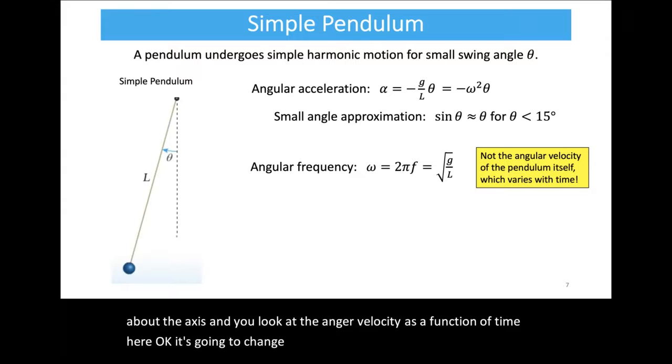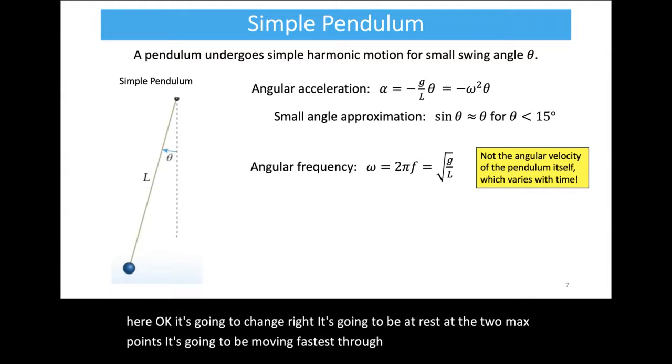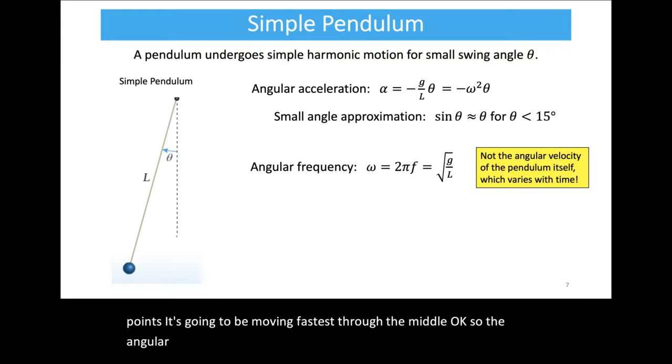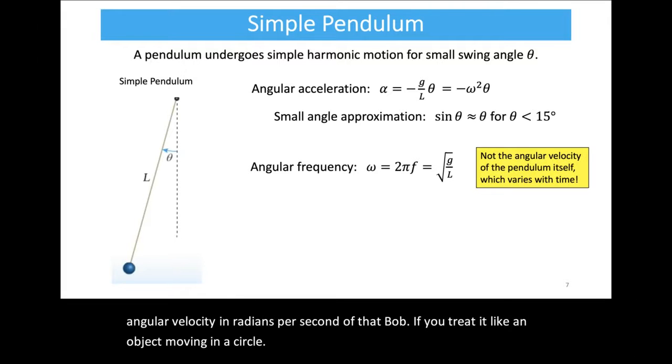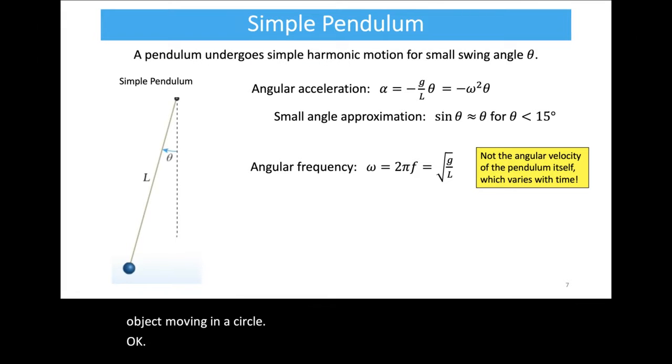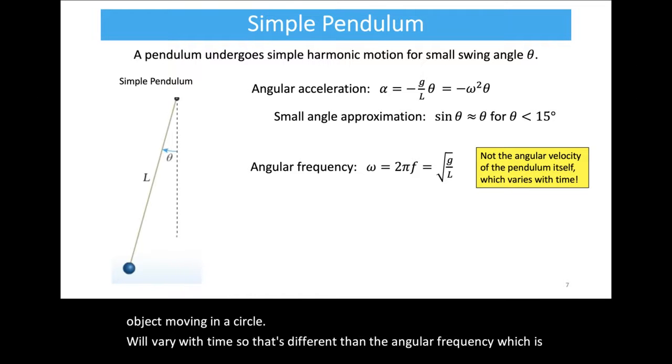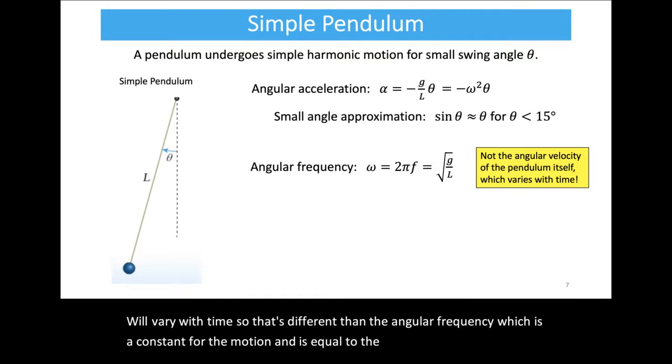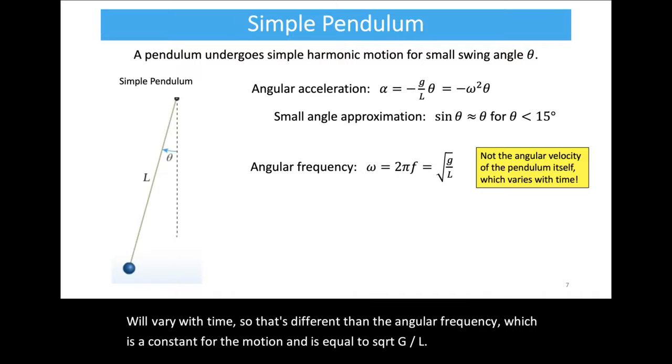It's going to be at rest at the two max points, and moving fastest through the middle. So the angular velocity in radians per second of that bob, if you treat it like an object moving in a circle, will vary with time. That's different than the angular frequency, which is a constant for the motion and is equal to the square root of g over L. So that's one thing to keep in mind.